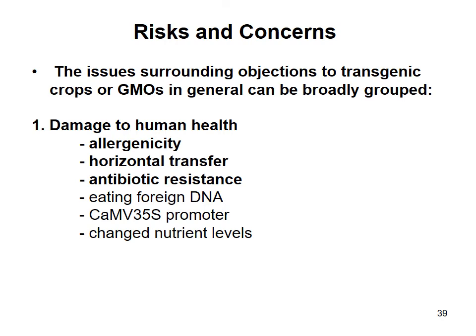Let's now look at antibiotic horizontal transfer and antibiotic resistance together. So the use of antibiotic resistance markers in the development of transgenic crop plants has raised concerns about whether transgenic foods will play a part in our loss of ability to treat illnesses with antibiotic drugs.